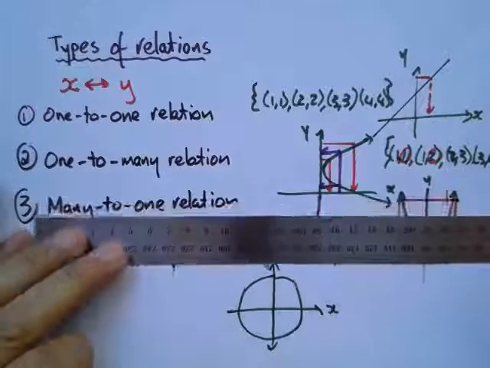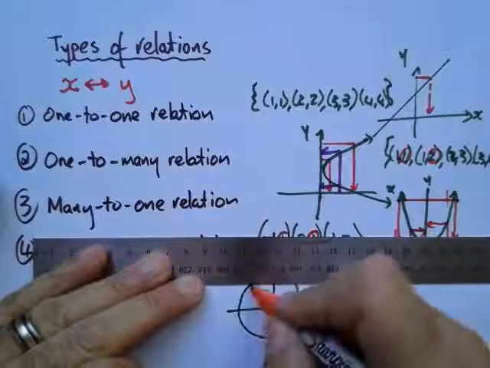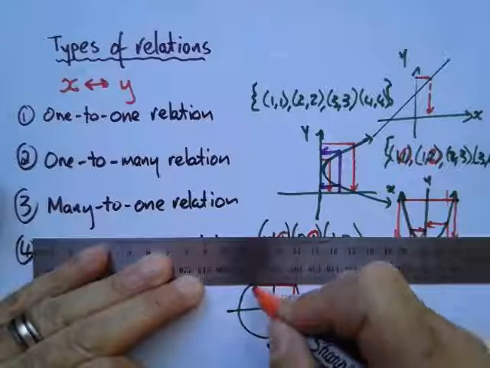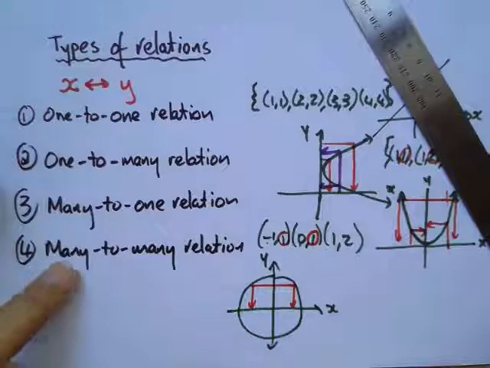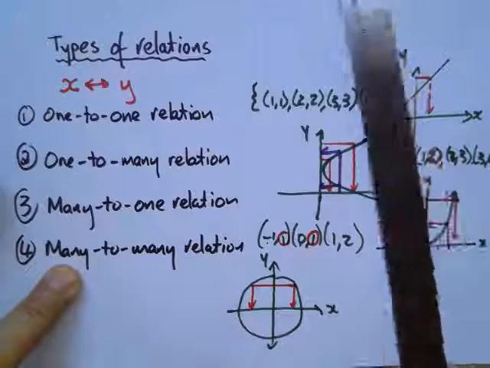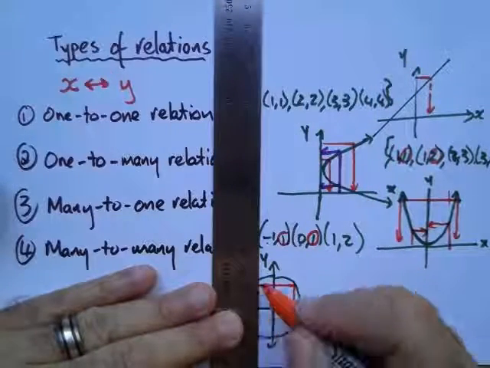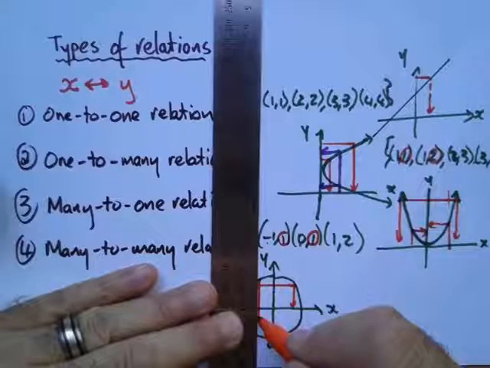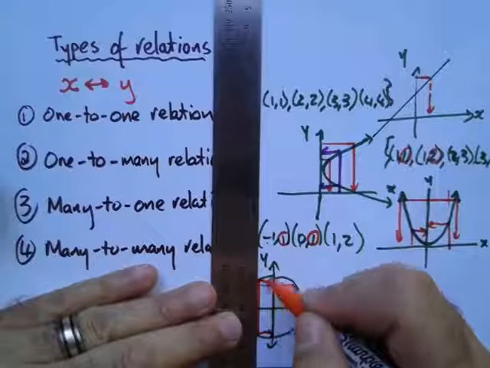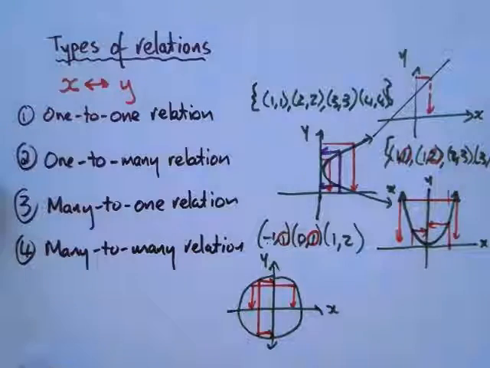For every y value, there's more than one x, so there are many x values, so that's why there's a many there. For every x value, or for x values, there are many y values, and that's why it's a many-to-many relation.